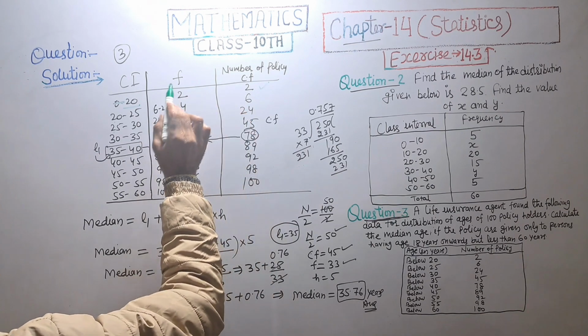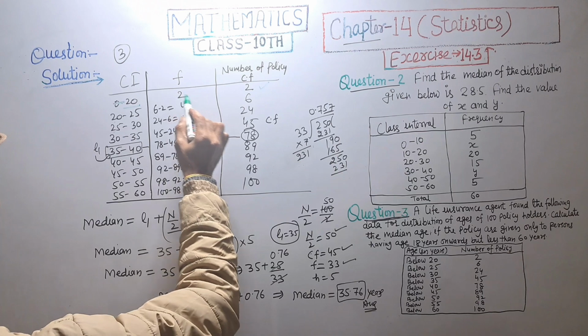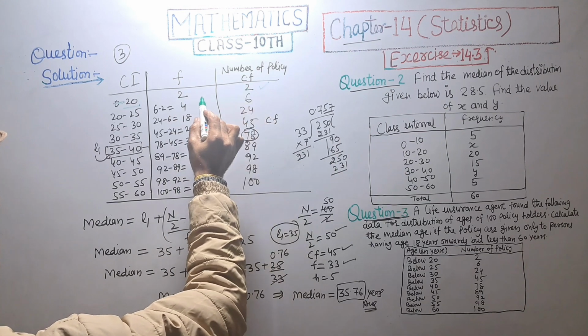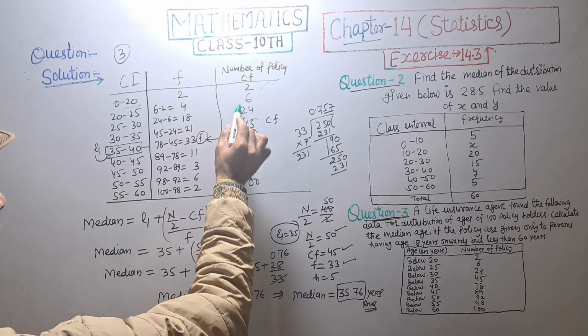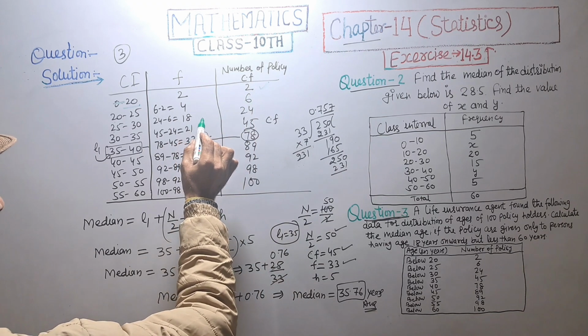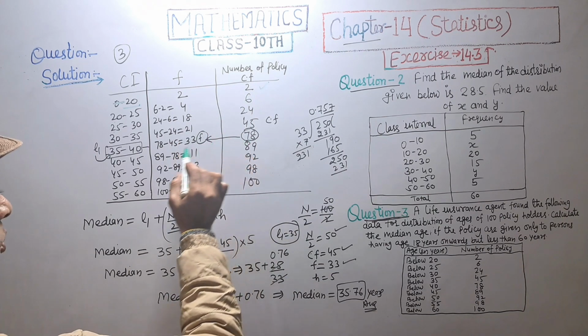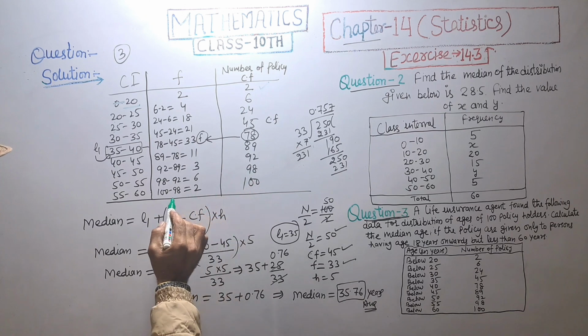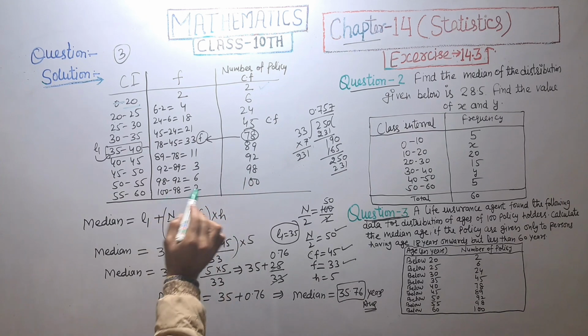We want to find the frequency. The first number as it is, second minus first is the second number, third minus second is the third number, and the same process, last minus second last is the last number.